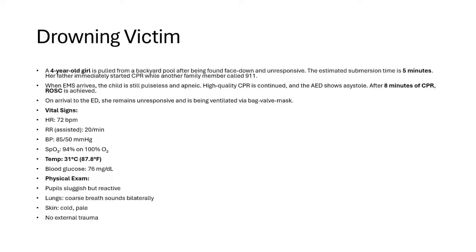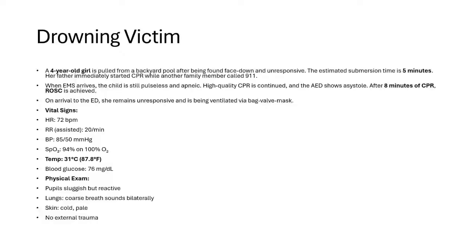On arrival to the ED, she remains unresponsive and is being ventilated with a bag valve mask. Vital signs are heart rate 72, assisted respirations 20, BP 85/50, SpO2 94 on 100% O2. Temp is 31 degrees Celsius, which is 87 degrees Fahrenheit. Blood glucose is 76.